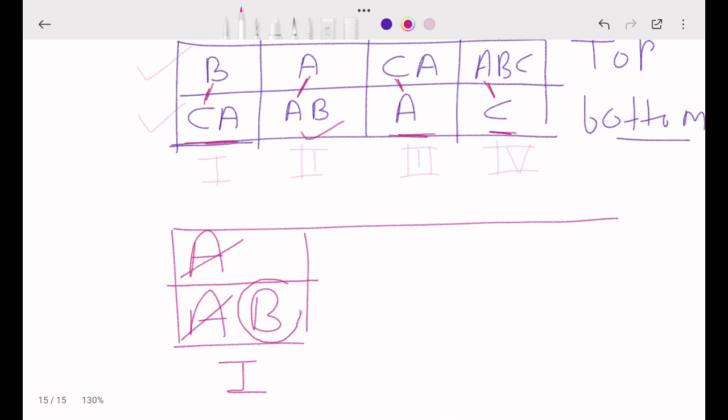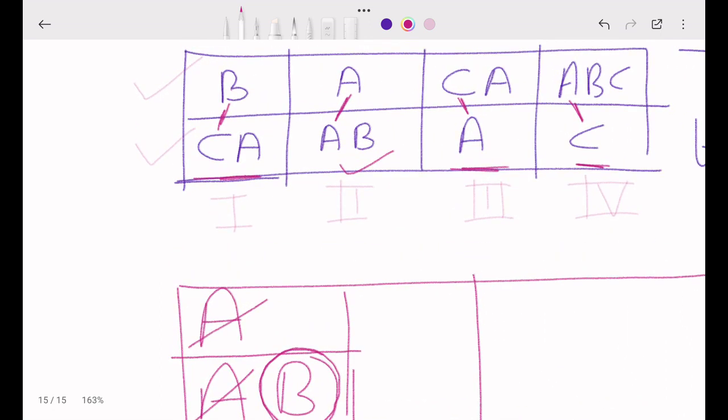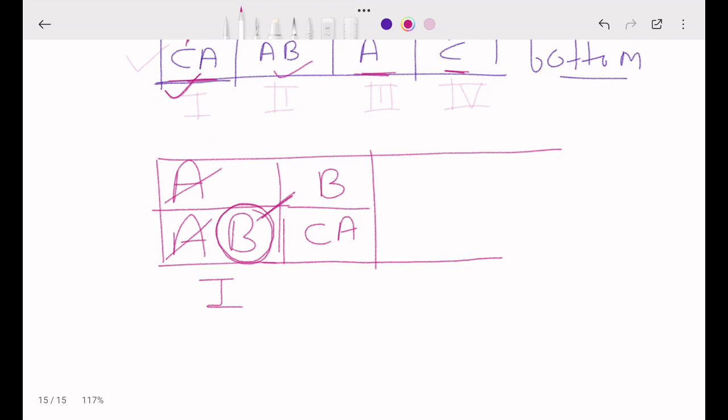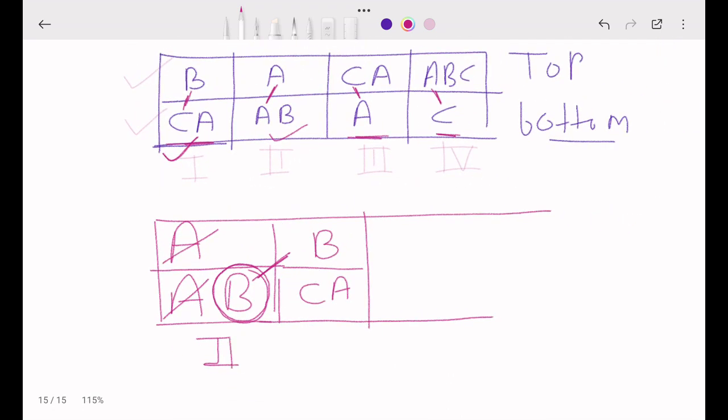The bottom symbol is B. Now we have to take only the domino where the top symbol is B. Check where the top is B: only one, this one. So I am taking B and CA. Both must be equal, and the order must be second. So at first I took the second, then I am taking the first. So this and this cancel.